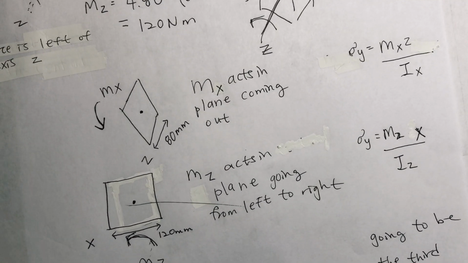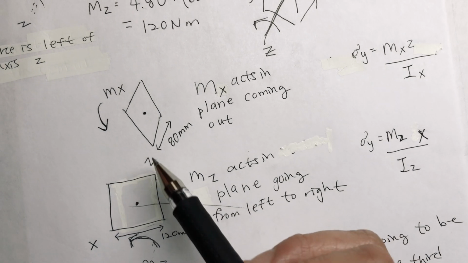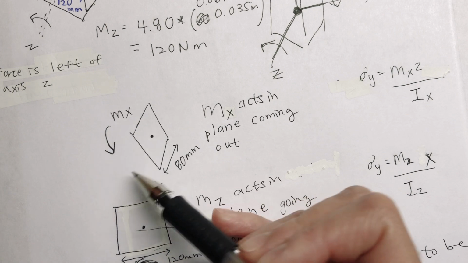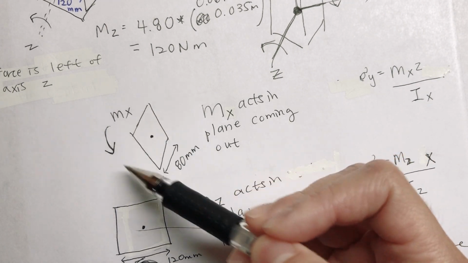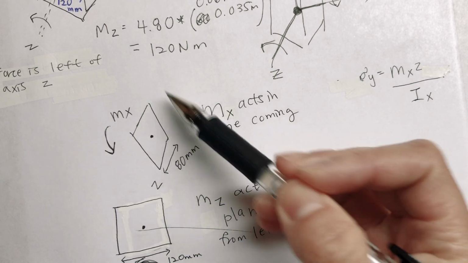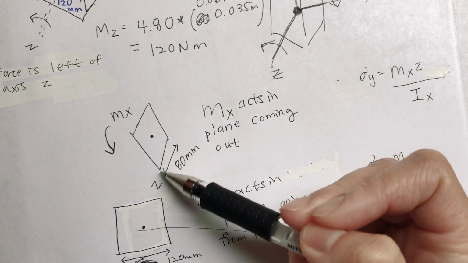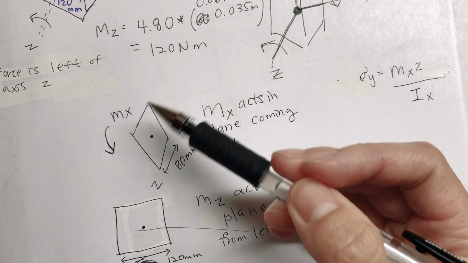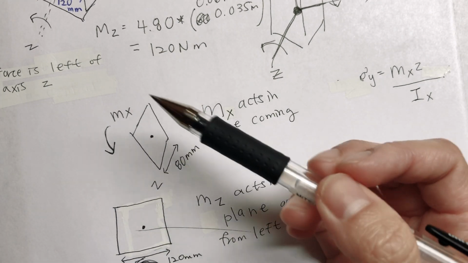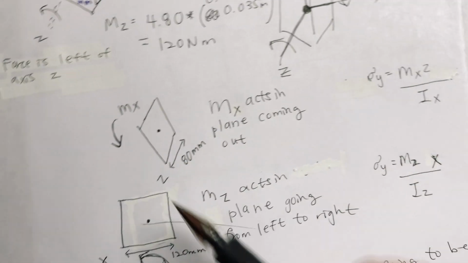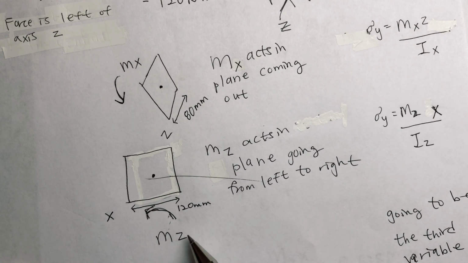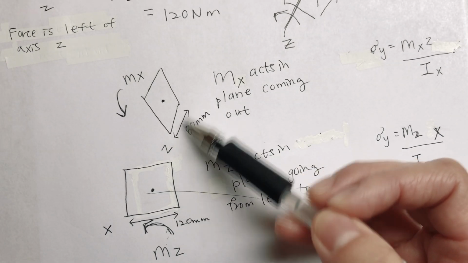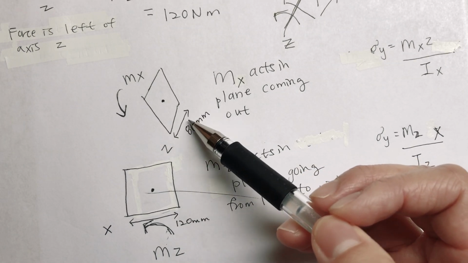Another way to look at it is that this moment is going about the x-axis. It's acting in the plane that's coming out of the board, and this is 80 millimeters. Here mz, that's a z component, 80 millimeters.